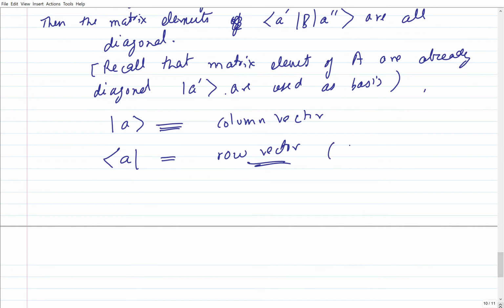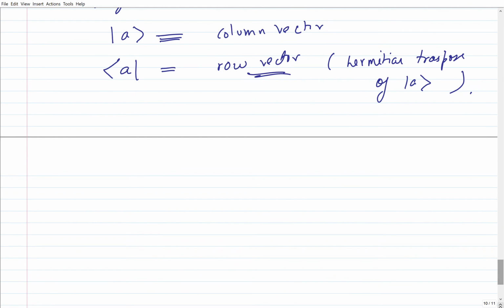Which is the Hermitian transpose of this. It's just a way of saying it. So what do we have? We need to examine these elements.